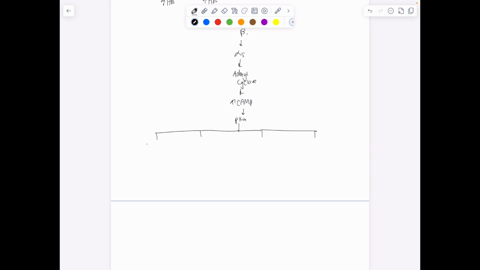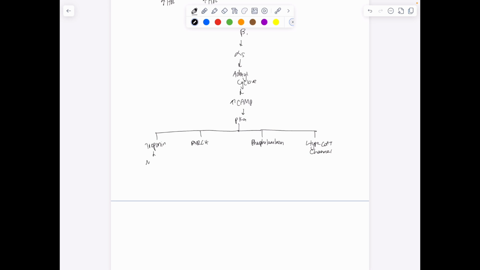So we'll have troponin, then we'll have our RyR, phospholamban, and our L type calcium channel.